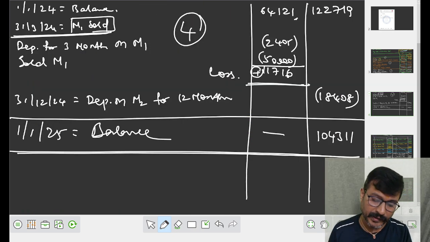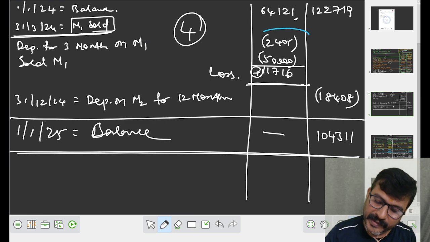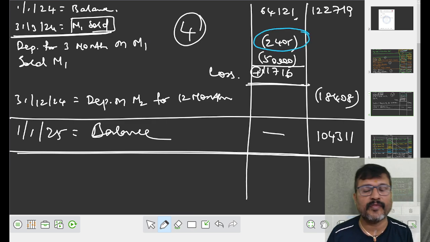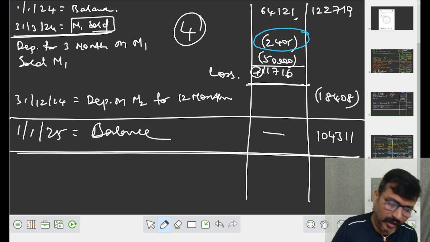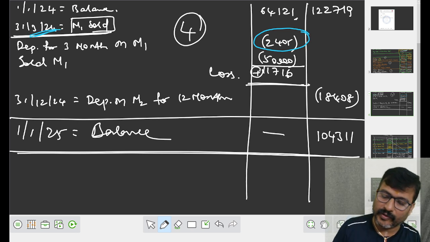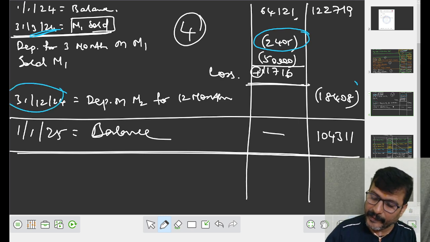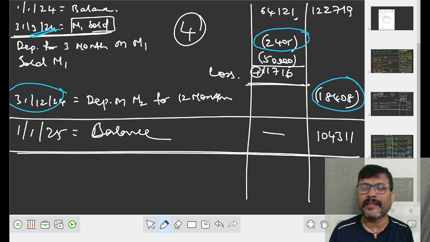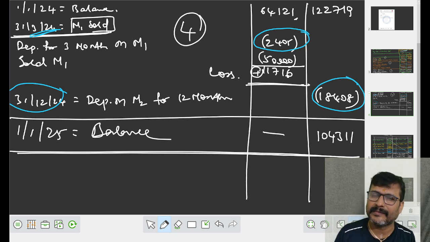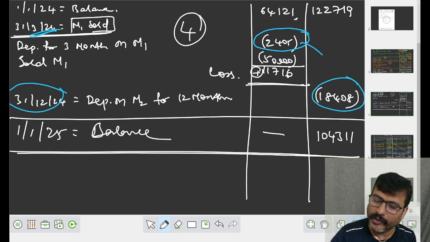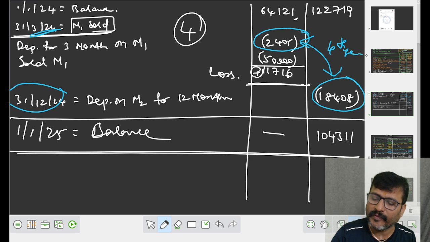In the fourth year, we have a depreciation of 2,405 on 31st March 24 on M1. Again, on December, we have a depreciation of 18,408 on M2. You take these two depreciations in which year? In the fourth year.